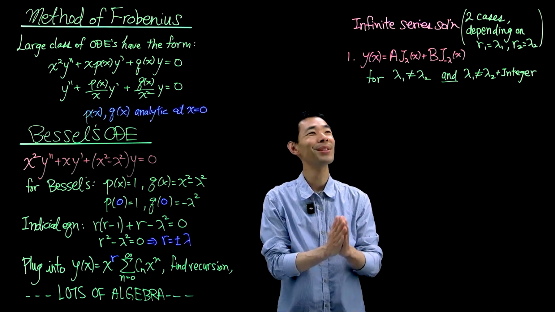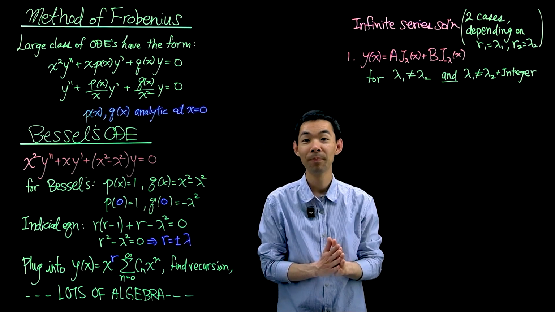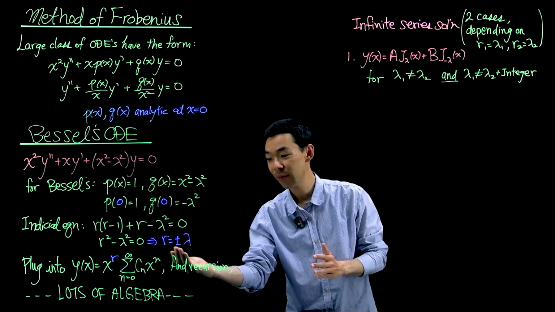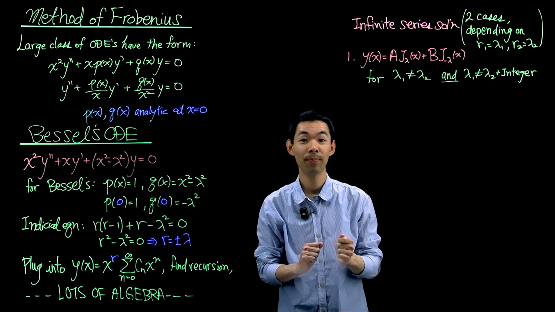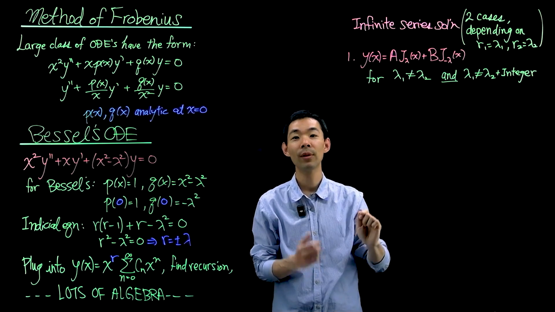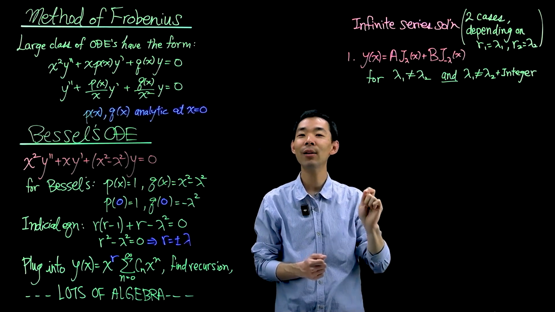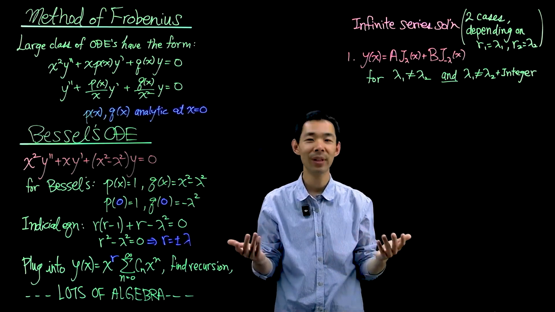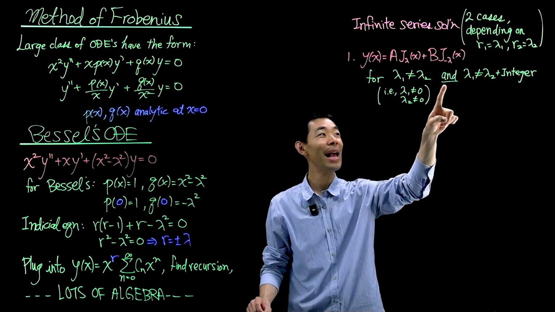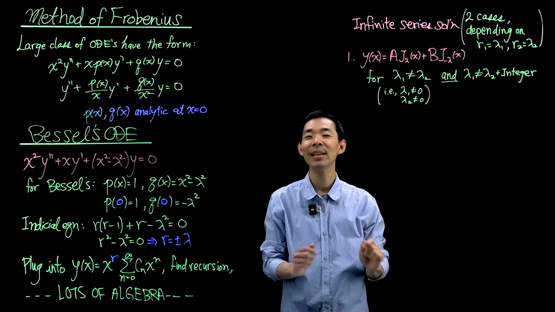In one case, we have a situation where lambda 1 is not equal to lambda 2. And if you think about it, the only situation where that would be true is if lambda were not equal to 0. If lambda were equal to 0, you get a double root, and this condition would not be true. So the criterion for lambda 1 not equal to lambda 2 is that lambda is simply not equal to 0.